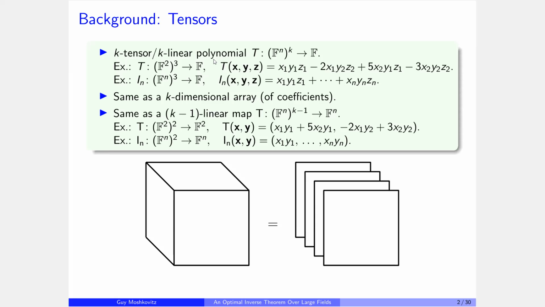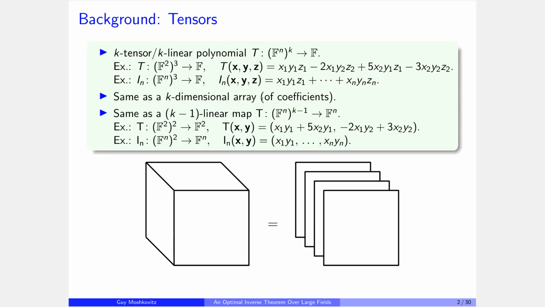So again, every k-tensor corresponds to a certain (k-1)-linear map, that is, a tuple of polynomials of degree k-1 instead of k. As an example, for k equals 3, the identity 3-tensor as a polynomial looks like this: x1 y1 z1 plus x2 y2 z2 plus and so on.